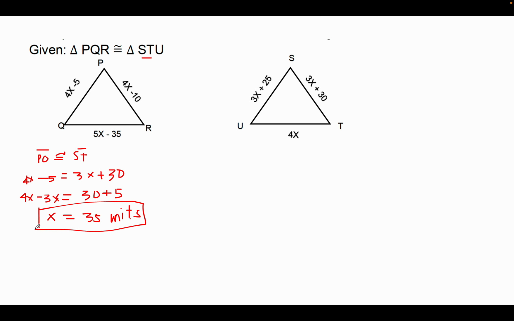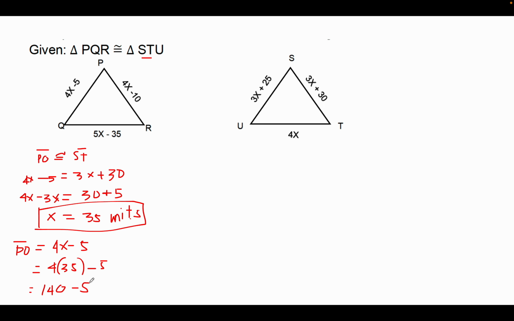However, that's not yet the final answer. Substitute 35 for x. So meaning line segment PQ is equal to 4x minus 5, where x is equal to 35. So substitute mo, 4 times 35 minus 5. 4 times 35 is 140.